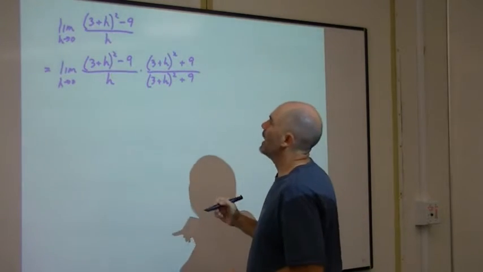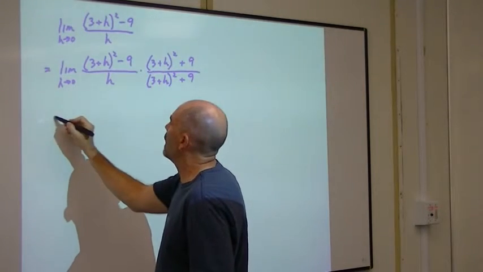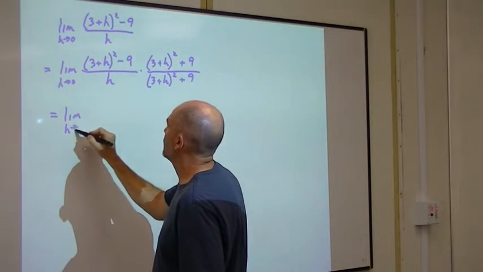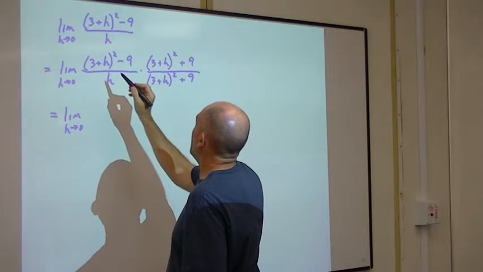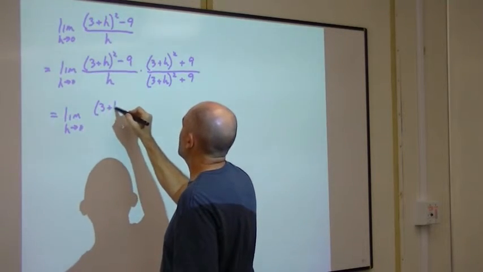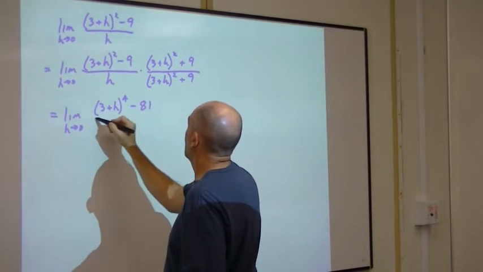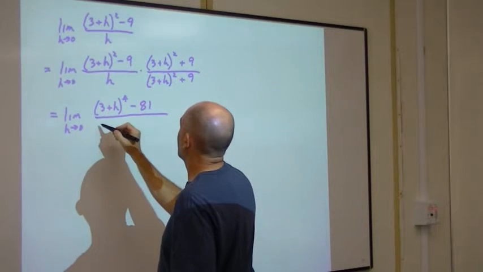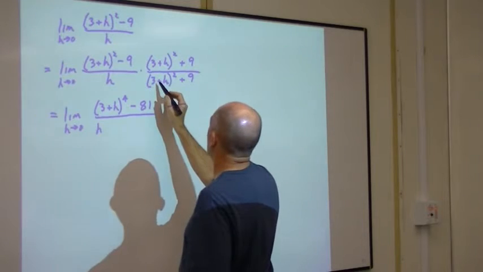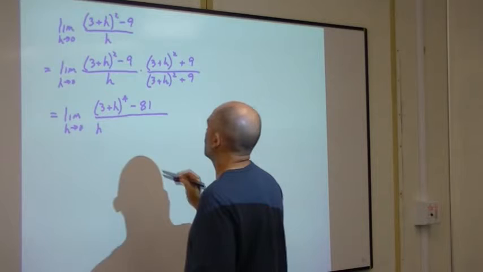So now notice what happens. I've got a minus b times a plus b, so on top I have a squared minus b squared, which is (3 plus h) to the 4th minus 81 over h times the quantity (3 plus h) squared plus 9.